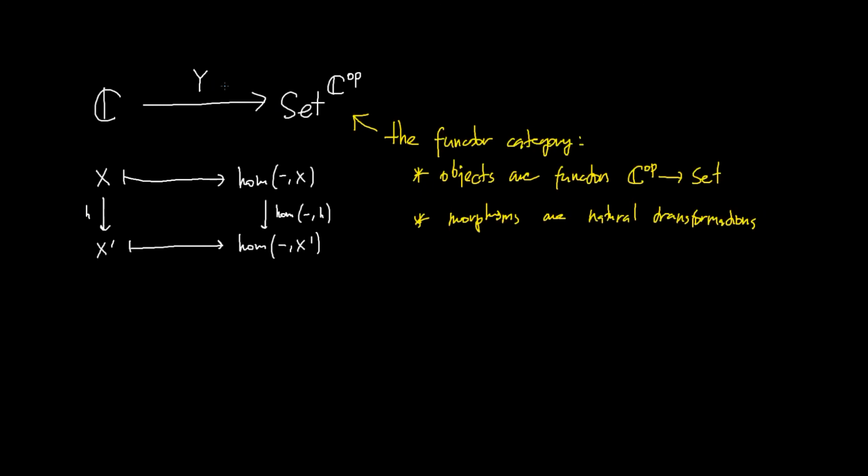Just to give you an example of this, let's take the property of a morphism being a monomorphism, something that we've talked about a couple of times already. So I actually want to prove the following theorem.